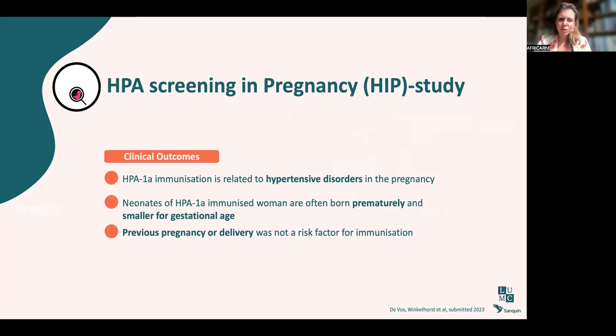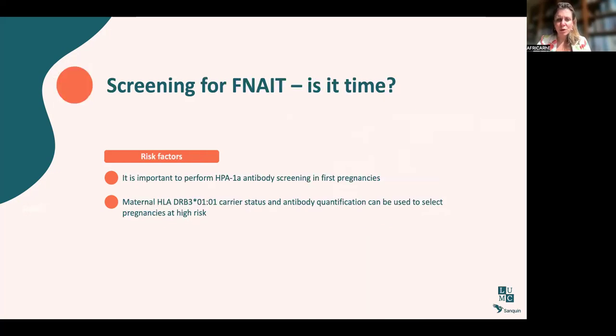And I think it's important to do more research on that as well. So I think we can conclude FNAIT is a severe disease you want to prevent, but we can't prevent everything. You have to look more from a public health view.